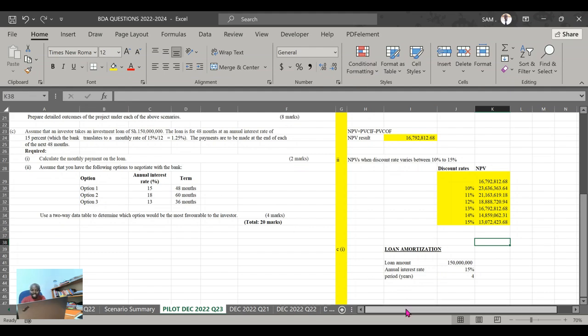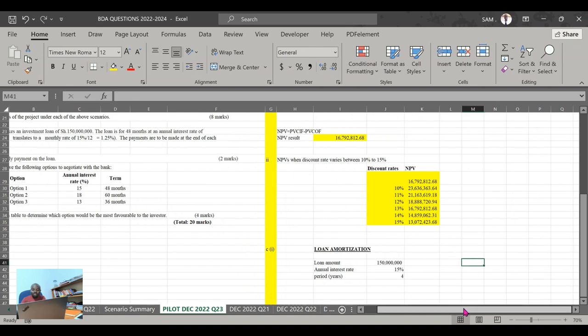Now, let us look at what we call frequency. When you are doing loan amortization, frequency becomes a very important concept that you must always remember. When you talk about frequency, we are asking ourselves, at what intervals is it required for you to repay back the loan? The interval of repayment will affect the period of repaying back the loan.